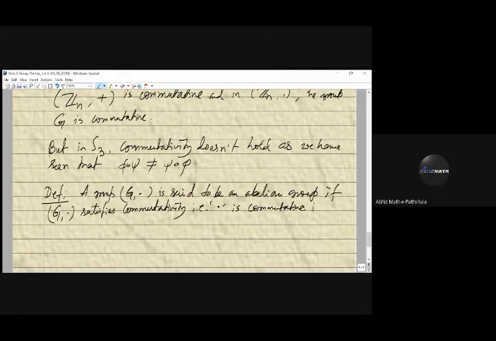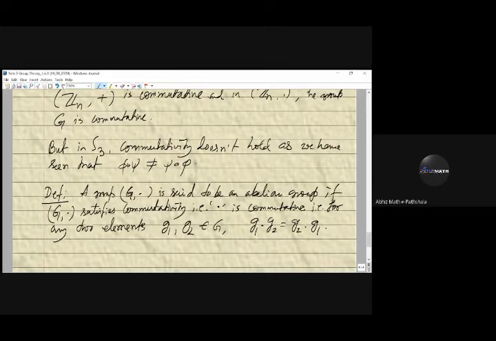That is, for any two elements G1, G2 belongs to G, G1 dot G2 equals G2 dot G1.